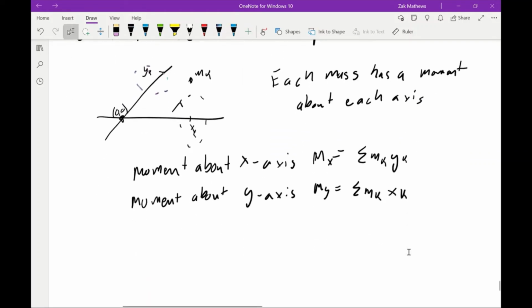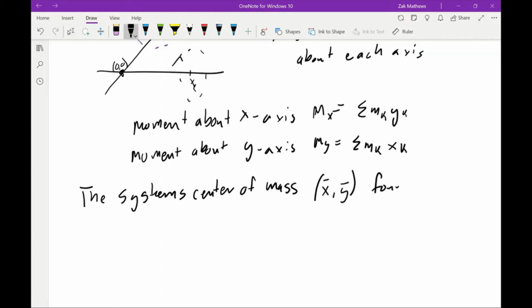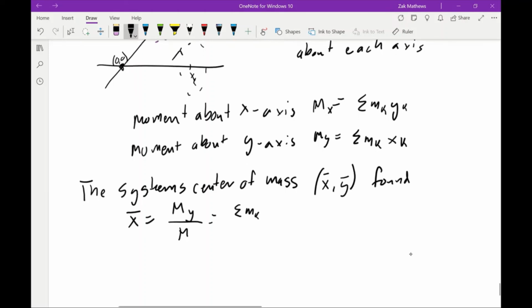All right, so let's think about the center of mass then. The system's center of mass, x bar, y bar, is found: x bar is equal to the moment about the y over the mass, which is equal to the summation of the mk times, remember the My was the x, over m, over the summation of the mk.